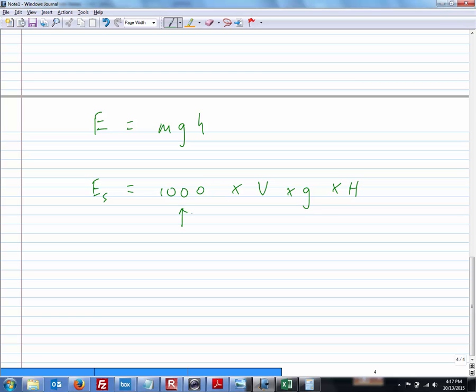Well, that's just the density of water. So we know that mass, m equals rho v. So we know that the density of water, rho H2O equals 1,000 kilograms per cubic meter. So obviously the mass here is measured in kilograms, the volume is measured in cubic meters, so this 1,000 is simply the density of water. That's where that 1,000 comes from in equation 1.